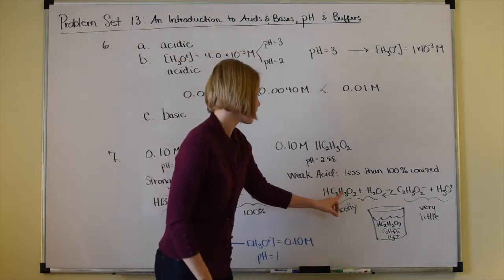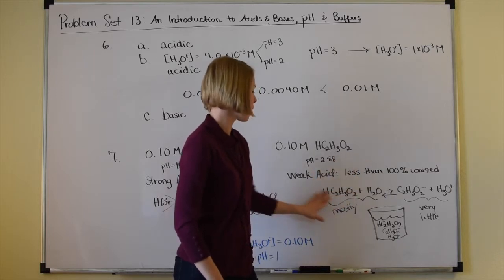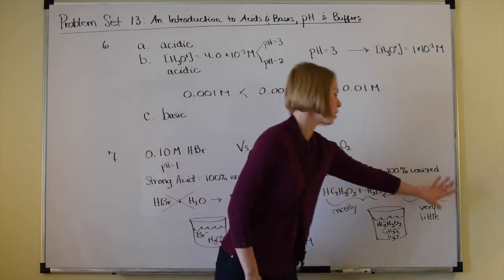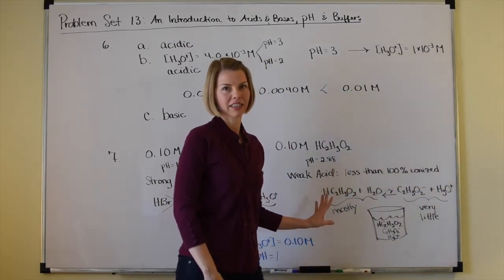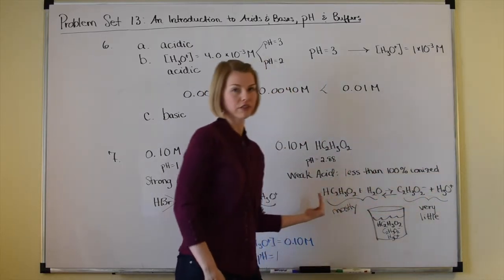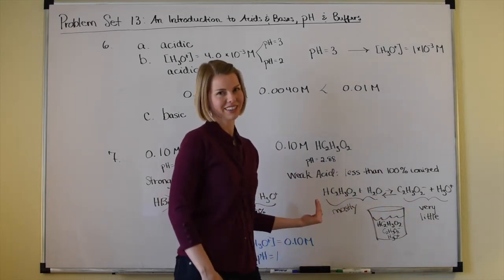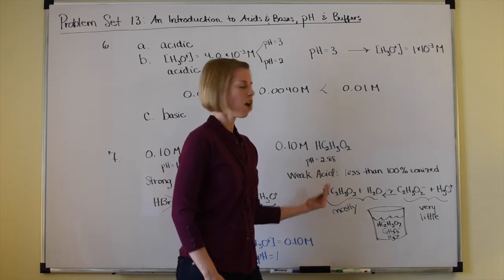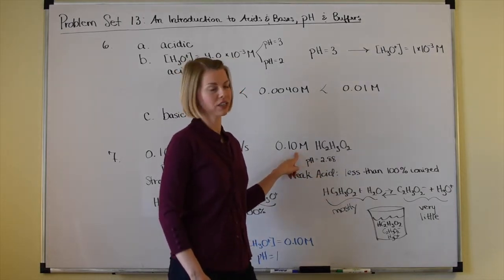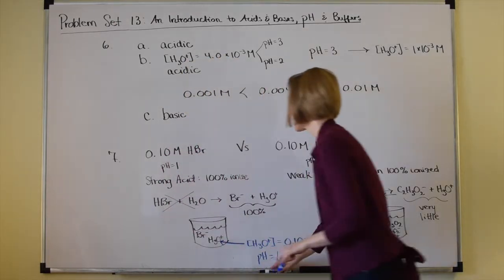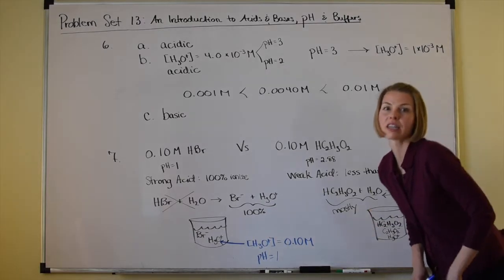So if we have a 1-to-1 mole ratio here, we might expect for every 1 mole of this that reacts, we're going to get 1 mole of hydronium, but the whole mole is not going to react. In fact, equilibrium is going to favor the reverse reaction, the side with a weaker acid and weaker base. So we're not going to get all 0.1 moles converted into hydronium in this case. We're going to get significantly less than the 0.10 mole conversion.